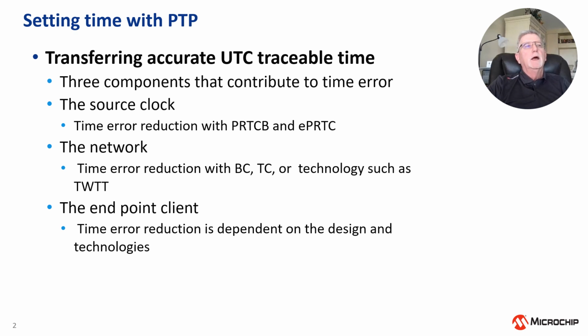There is transparent clock technologies, which is more of a software-based way of mitigating time error within devices. Or we can do technologies for time transfer like two-way time transfer over optical fiber cables that can do very, very high accuracy, where we can calibrate out delays that don't change or that are known delays that are static.